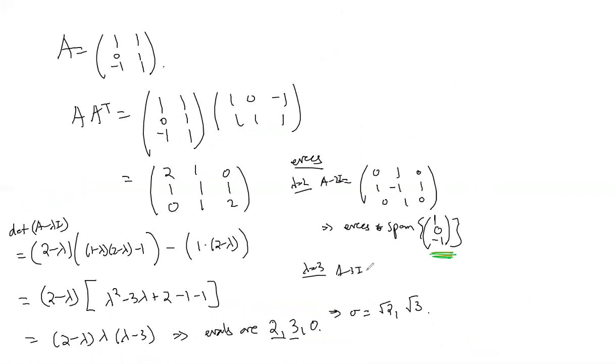A minus 3I equals negative 1, 1. And then you should normalize these to get u, and then to find v, you can multiply by u transpose on the left.